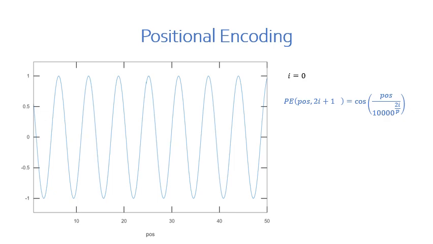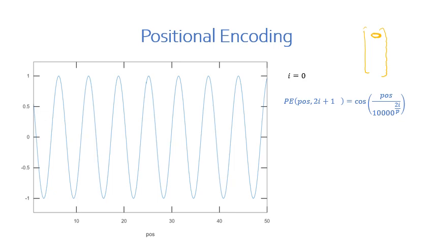My x-axis here is positions, and I fix the dimensionality: i is equal to 0. So here I'm only talking about the first value of the position vectors. The first value of the position vectors across different positions can be captured by this function.